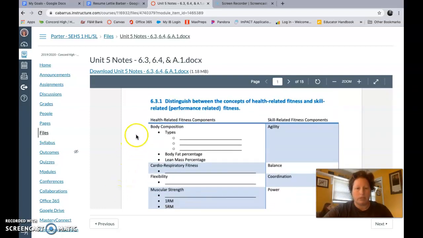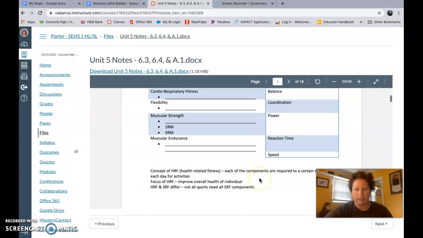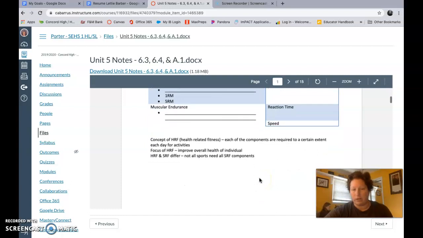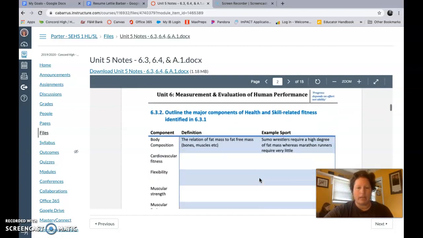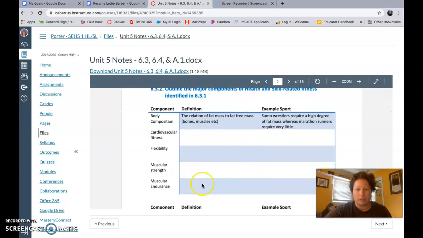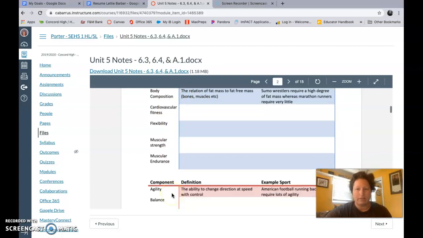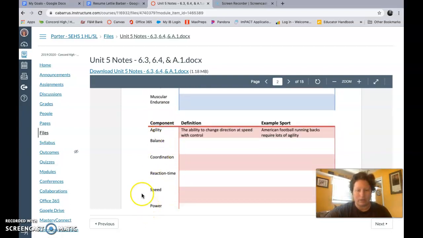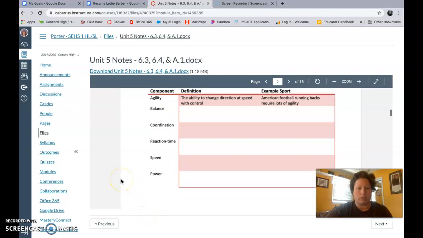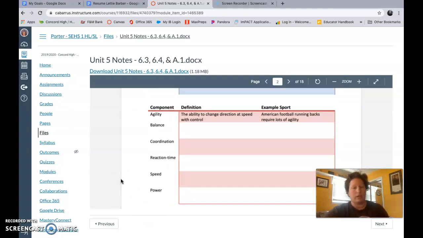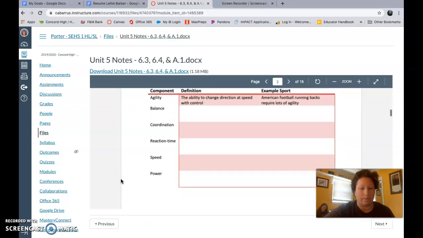For the first section, go through 6.3.1, understanding health-related and skill-related fitness, understanding their similarities and differences, and then outline these components. Why is it important to understand health-related fitness and skill-related fitness? Understand what they are, their components, and how they affect fitness in general.